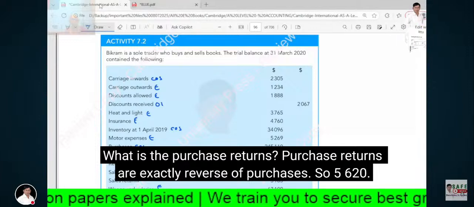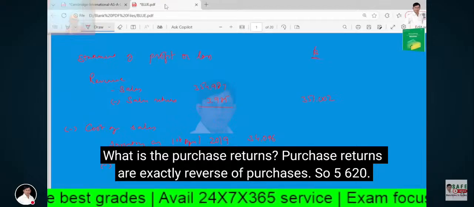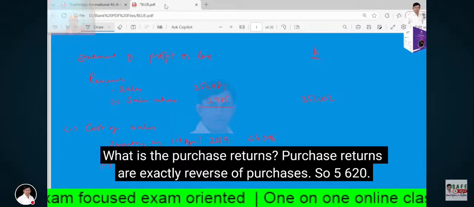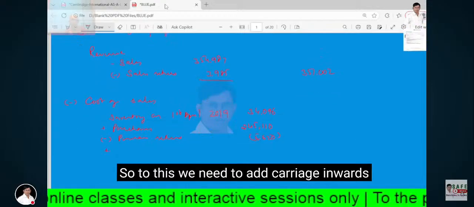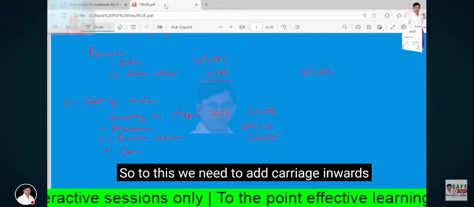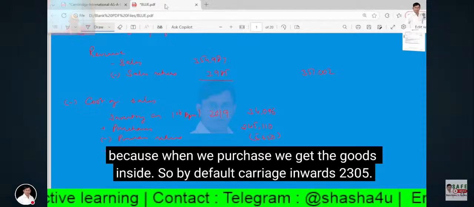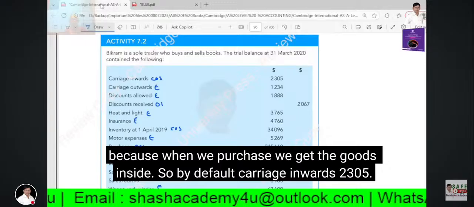Cash balance is there, bank balance is there. Yes, cash and bank balance. The bank balance is 3,245. What is the cash balance? By default your number will be 510.